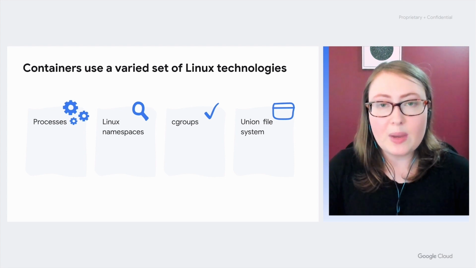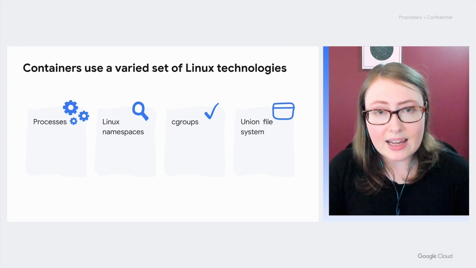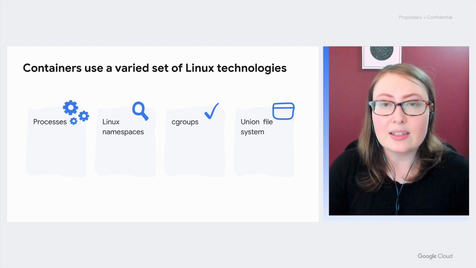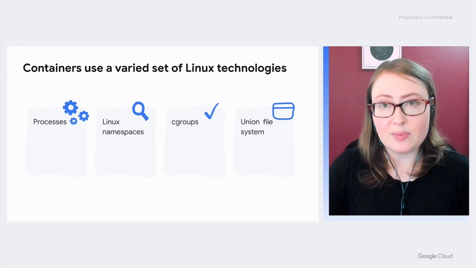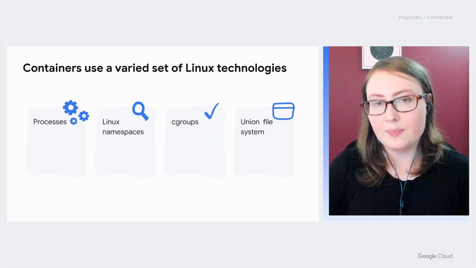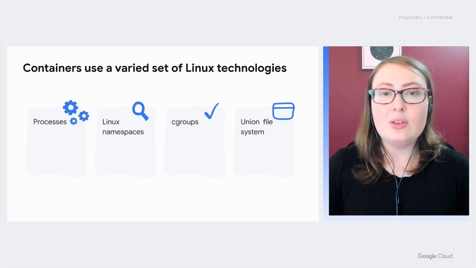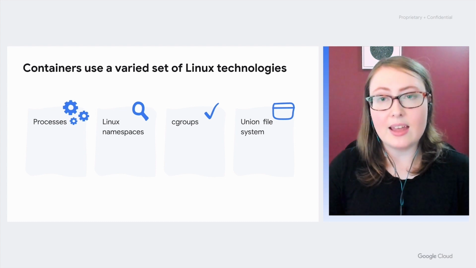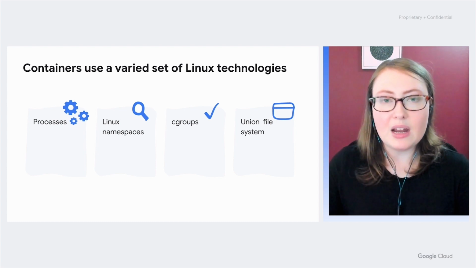So it uses namespaces to control what an application can see, and then cgroups to control what an application can use. That's in terms of maximum consumption of CPU time, memory, I/O bandwidth, and other resources. And containers use union file systems to efficiently encapsulate applications and their dependencies into a set of clean, minimal layers.